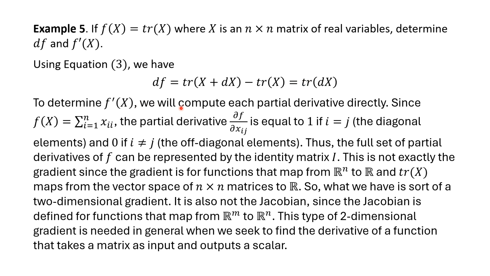The derivative, we'll get by computing the partial derivatives directly. Since f of x, being the trace, just equals the sum of the diagonal elements, x_ii, where x_ii is just the ith diagonal element, the partial derivative of f with respect to x_ij is 1 if i equals j, in other words, if it's a diagonal element because of this equation, and it's 0 otherwise.